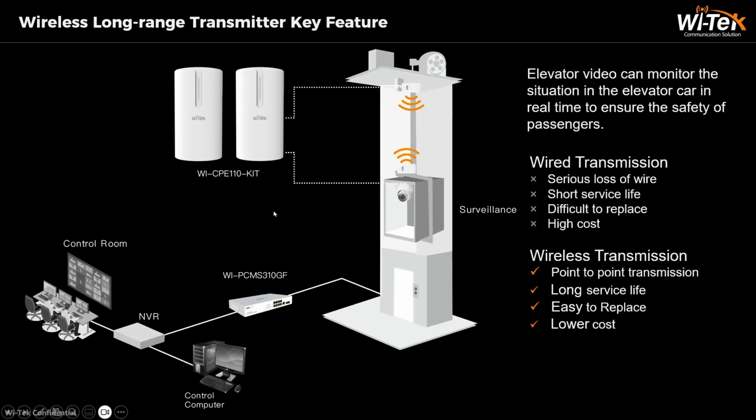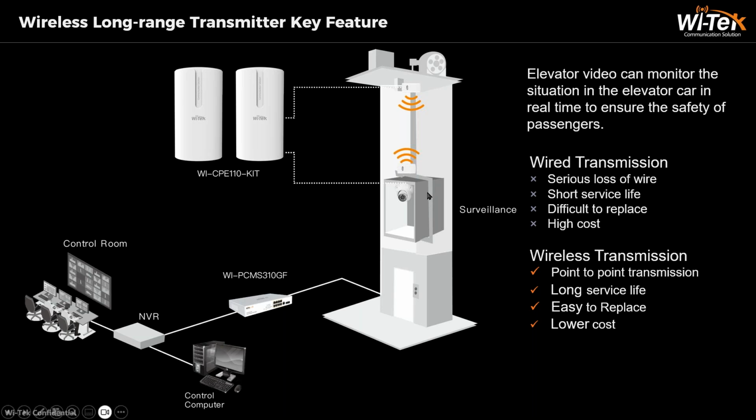Okay, this is the wireless CPE in the shaft network architecture compared with the wired network. With wired, you have serious loss, very short service life, and it is difficult to replace. There are many cables connected, and we also face very high cost, right?